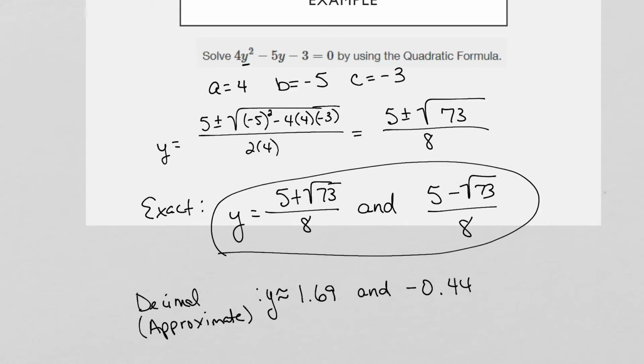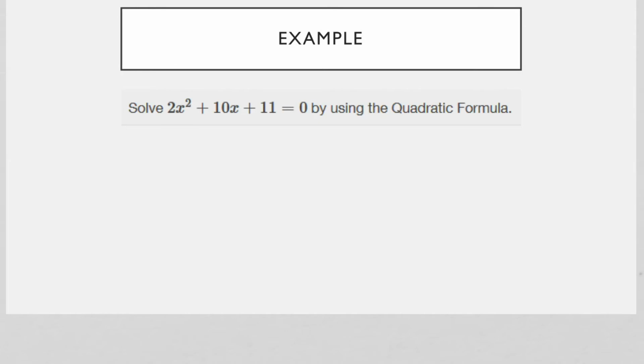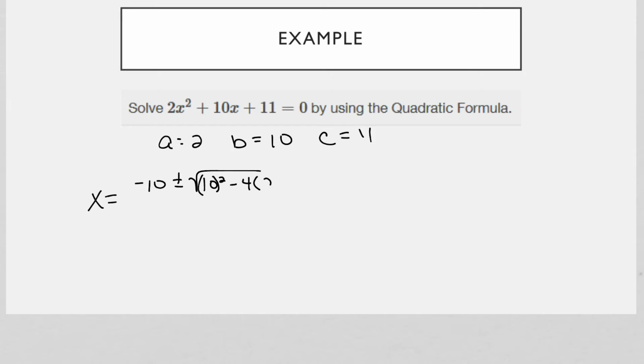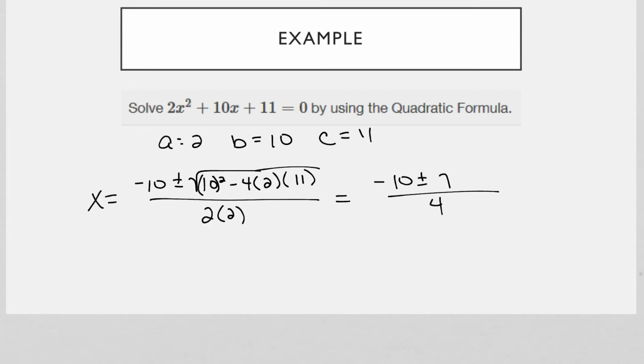All right, so let's take a look at this one. Now, let's see here. It's written in standard form, so our A is 2, our B is 10, and our C is 11. So we've got that x is equal to the opposite of B plus or minus the square root of B squared minus 4 times A times C, all over 2 times A. All right, now I'm just going to do that part and that part.